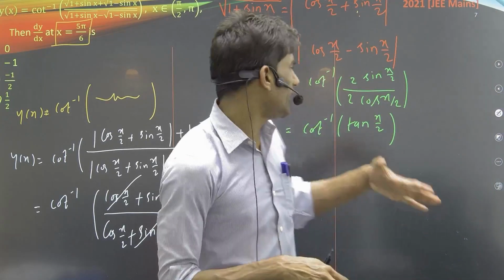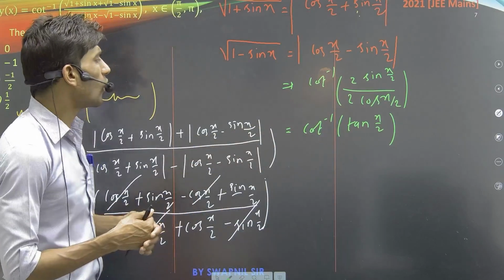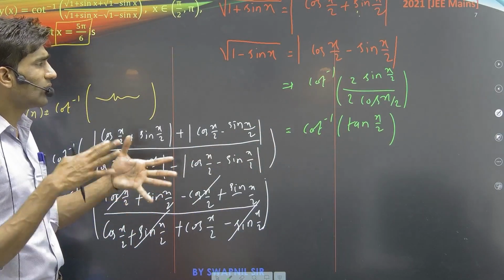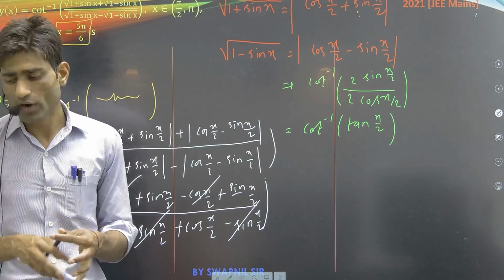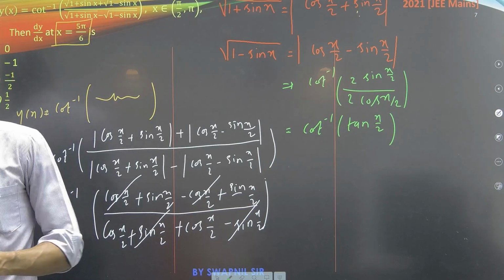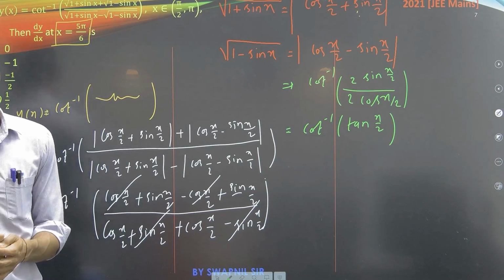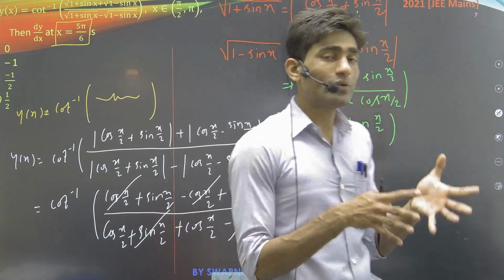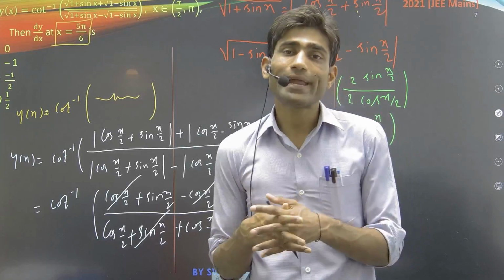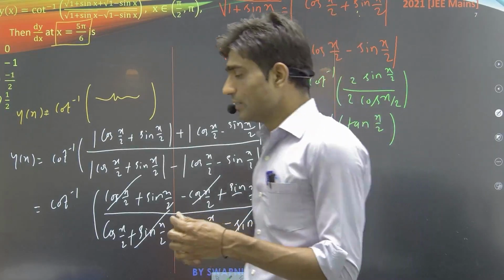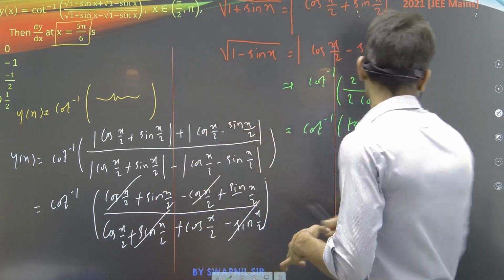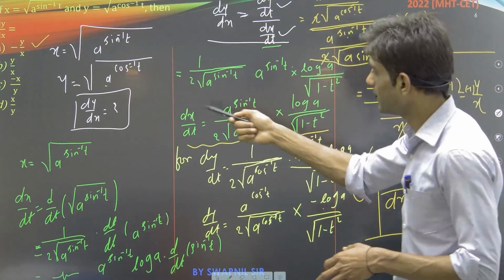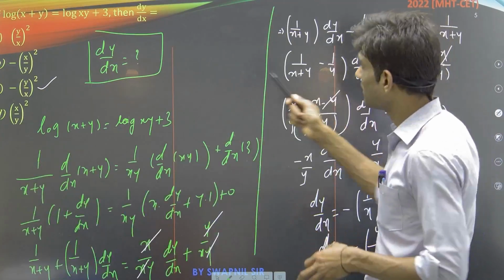So we have to expand tan x by 2 in the form of a cot inverse, okay. So we can convert this term as a cot inverse of tan, okay. Then we can easily write their values, okay. So we know that cot inverse of theta plus tan inverse of theta, as earlier we have learned in my previous example.